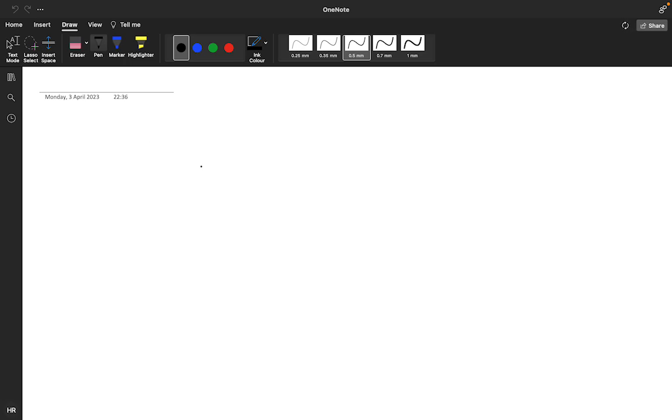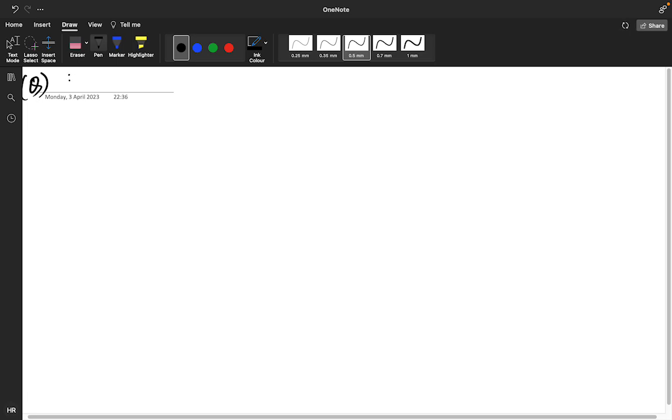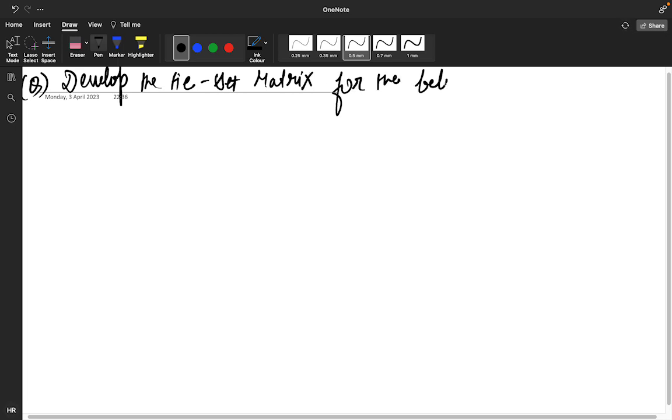Question says: develop the tie set matrix for the below given electrical network. So the network is like this.